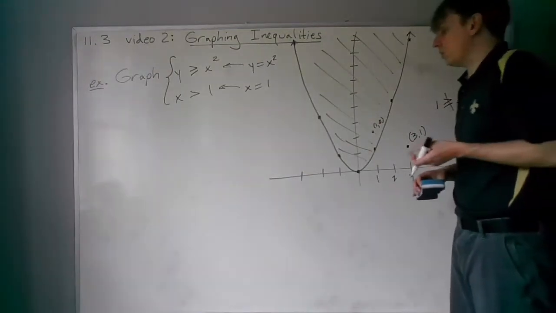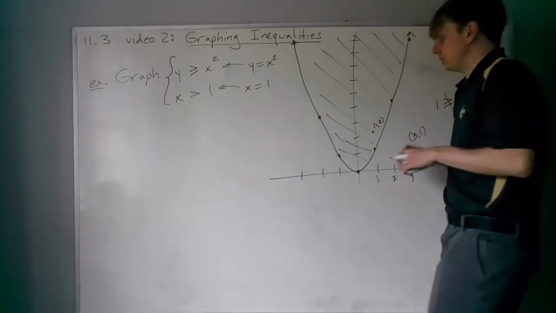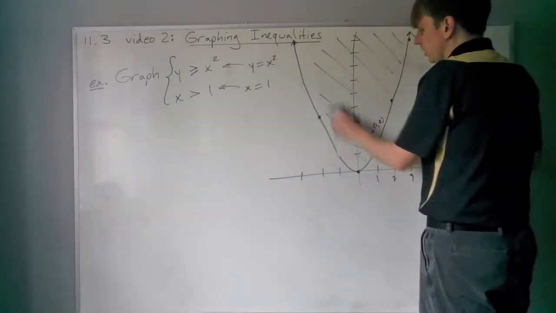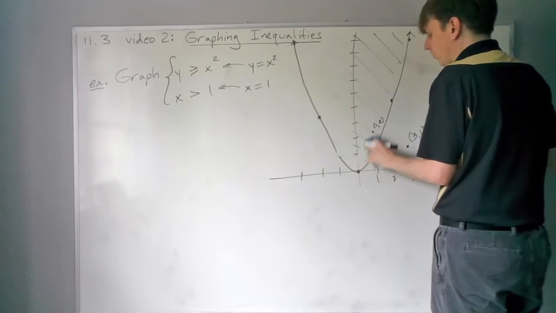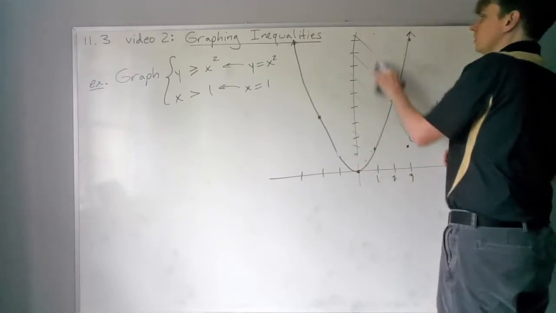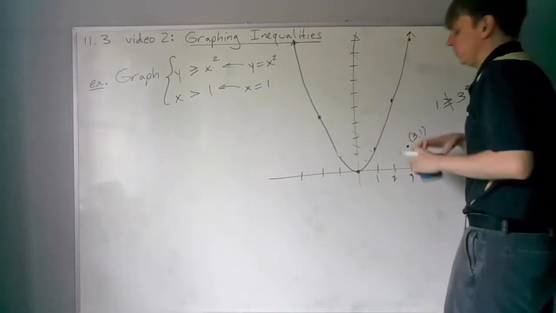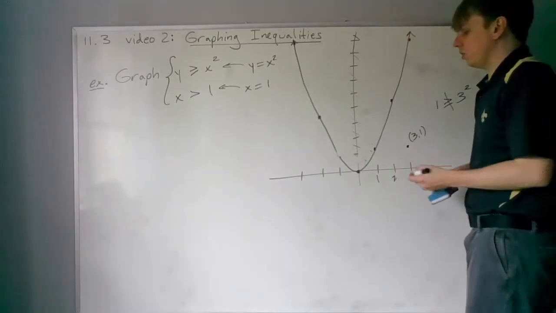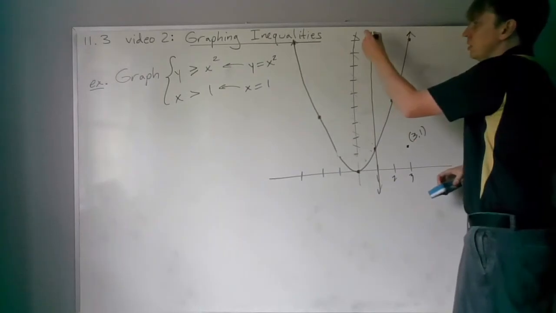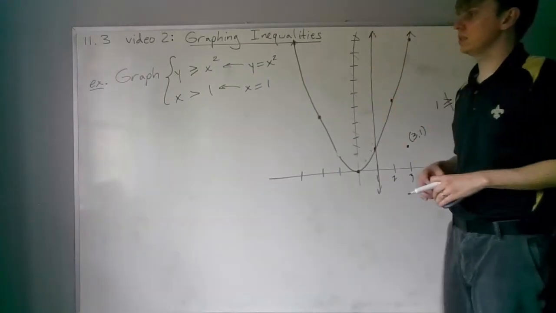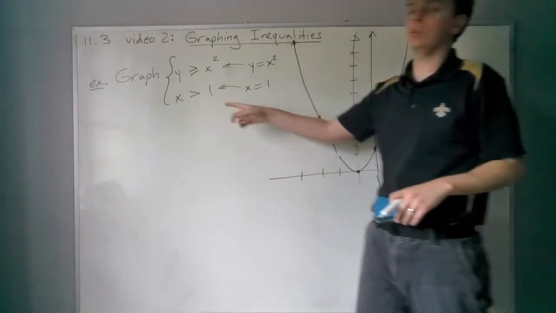One thing I have to be careful about putting that in my graph is, let me erase the shading here. I don't actually want to include the line x equals 1 itself. This is not part of my answer because I want x to be explicitly bigger than 1.